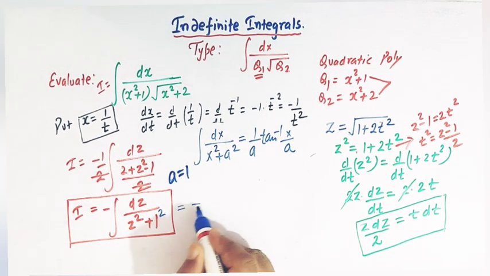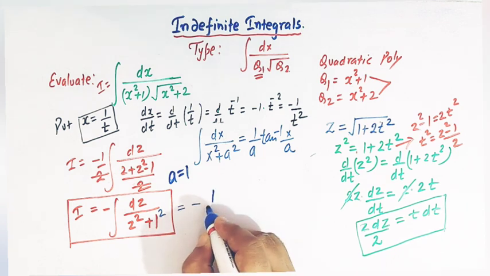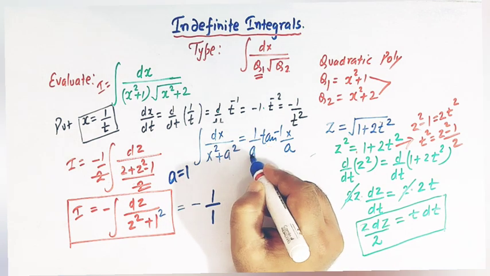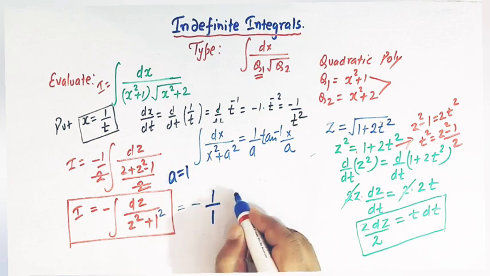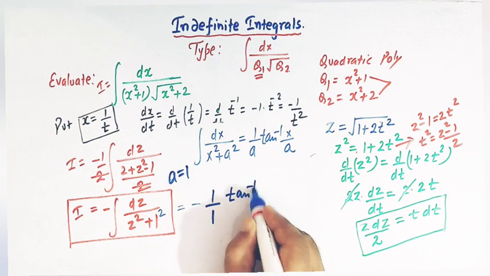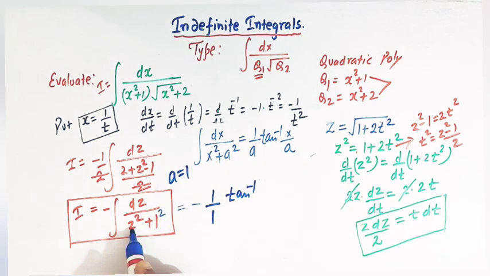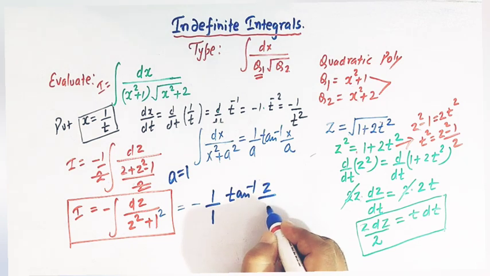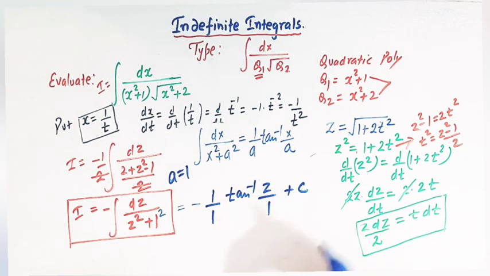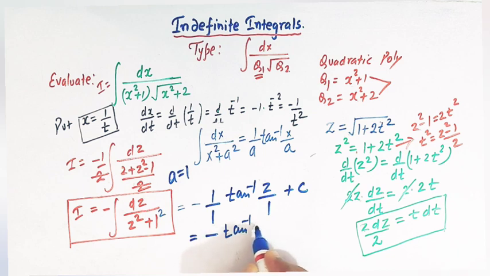So now we have minus, and here we have 1 over 1 because this is 1 over a, a is 1, and we have tan inverse x over a. So x is z and a is 1 and c is the constant of integration, right? So we have 1 over 1 as 1 simply, so we have minus tan inverse z plus c, right?